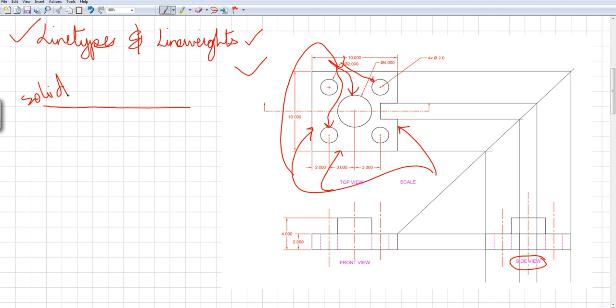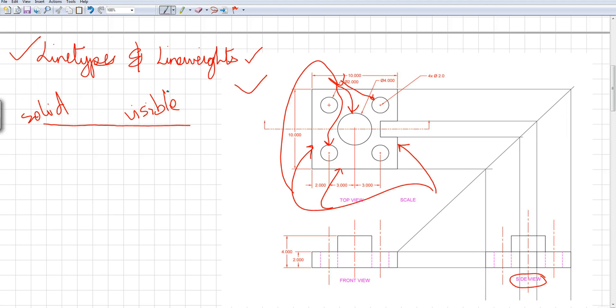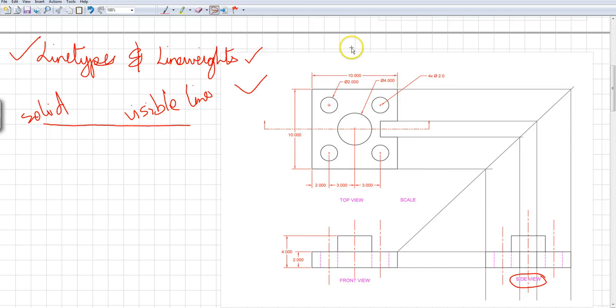It is called a visible line. Okay, now let's get rid of this, clean up our drawing a little.